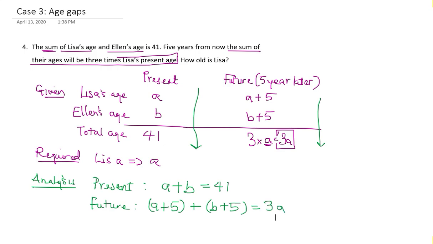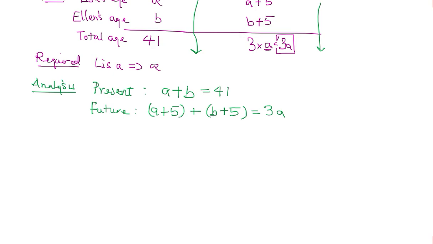So since we have the analysis taken care of based on the givens, then we have to solve. So in here we're going to label this as equation 1 and this as equation 2.